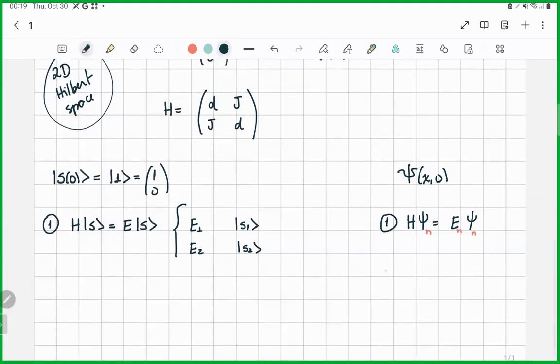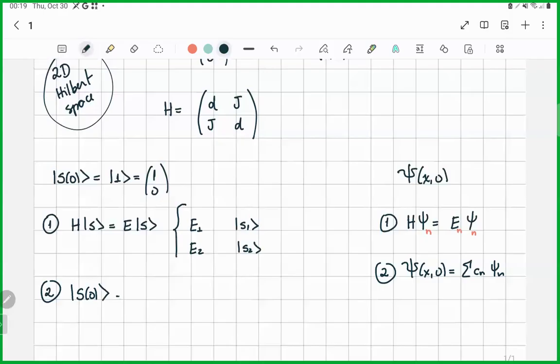Then step 2 in our story. Well, given the initial state, we would write it as a linear combination of our solutions of Schrödinger's equation. Same story here. We are going to write that initial state as a linear combination of our solutions.